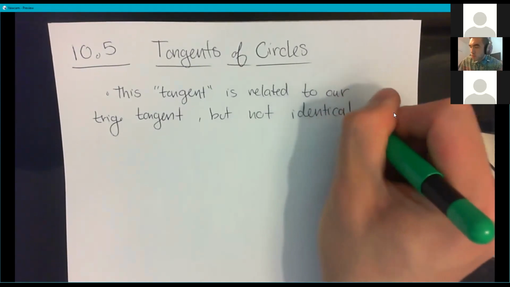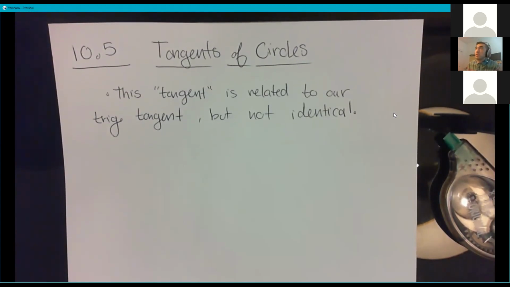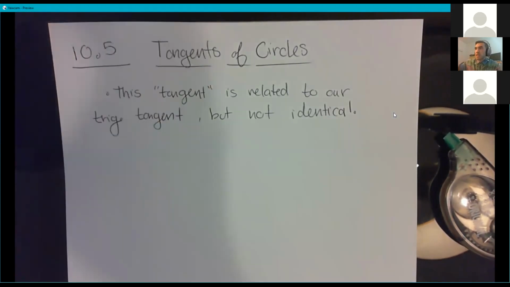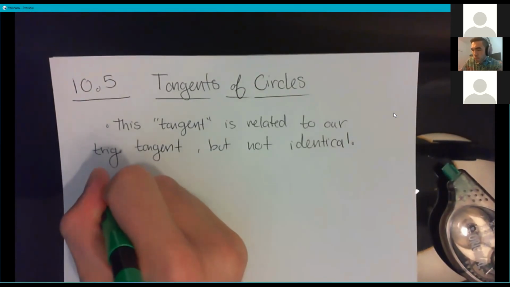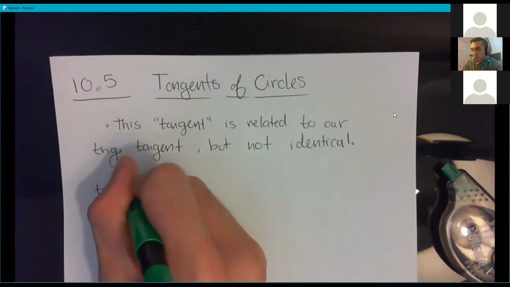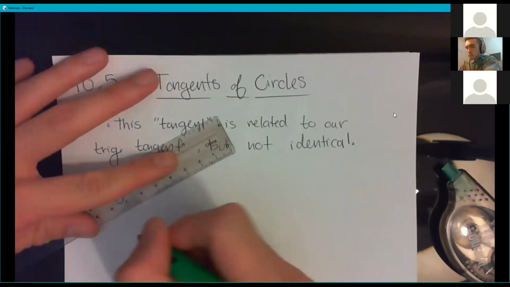Depending on the context in which you are using a word in mathematics, the word itself can have a couple different meanings based on the context. And so when it came to trig, what does tangent mean?